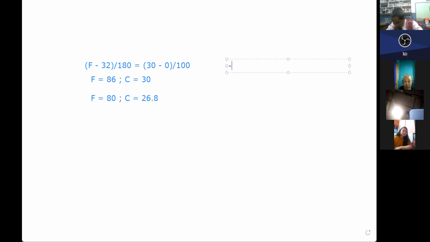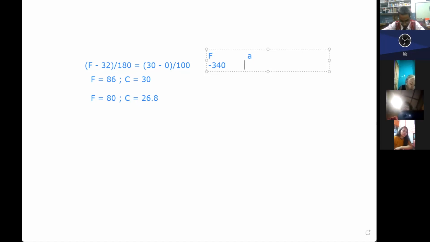Negative 340 degree Fahrenheit. So this is the degree Fahrenheit. Then we have what? We have the alpha. So for this type of temperature, we have 2.45. Okay.